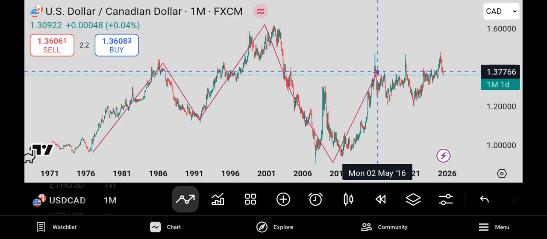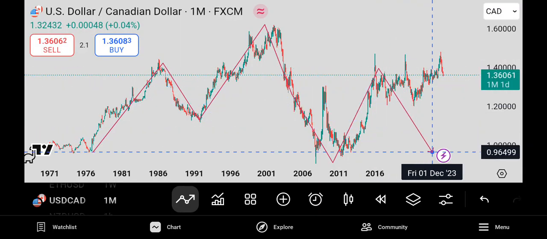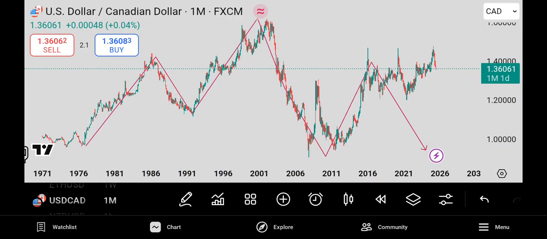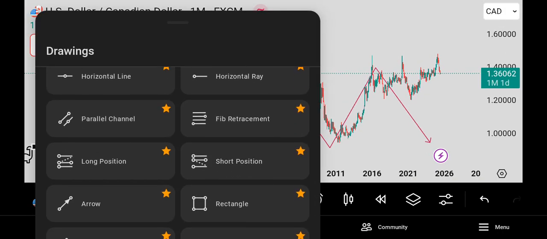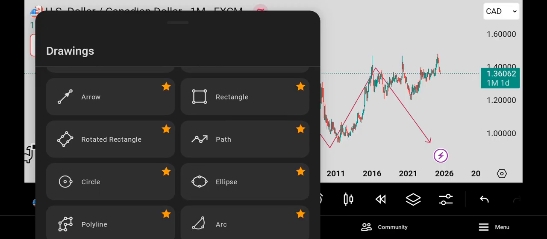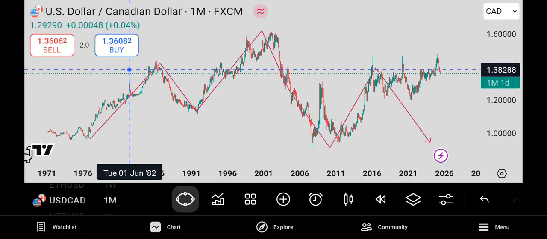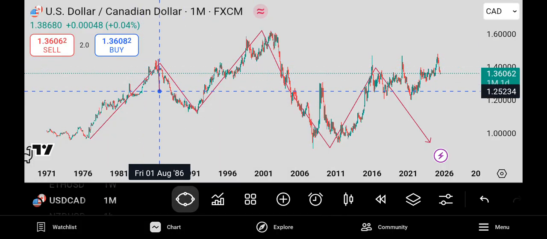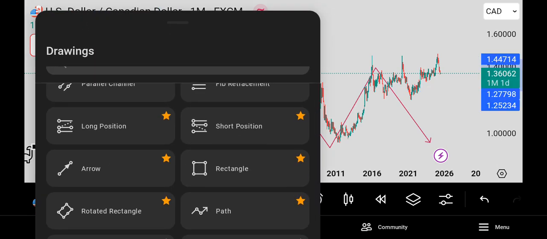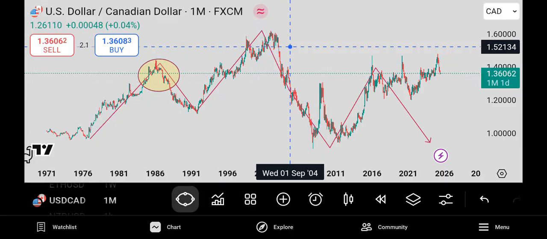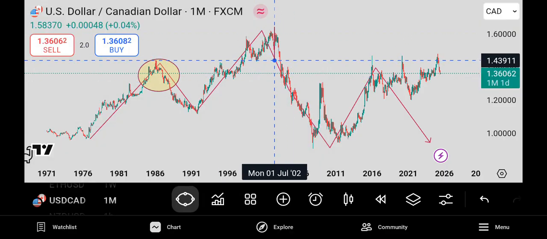So it came here, you should go here, and if you look at this very well, you notice that this should be a head and shoulder pattern, because the market actually came in the structure.